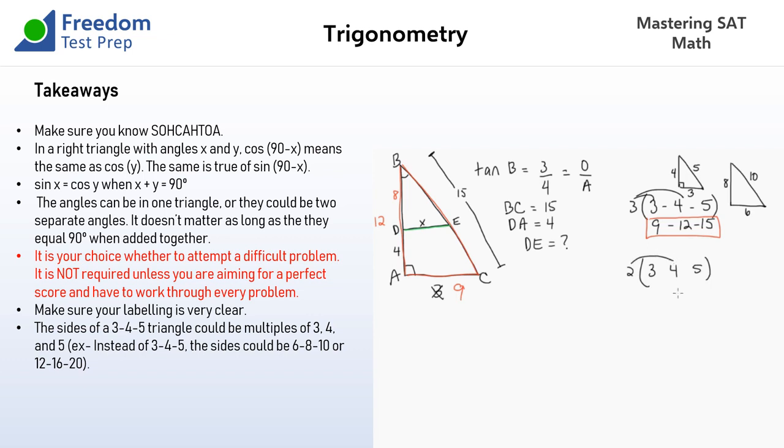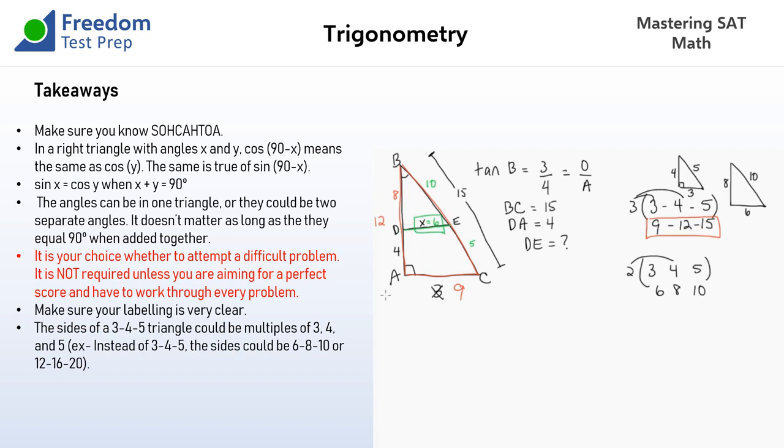Because 2 times 4 is 8, which means that 2 times 3 is 6, and 2 times 5 is 10. We've got that 6, 8, 10 triangle here. So it turns out that our x is 6, and this side is 10. Okay, and then this side is going to be 5. But what we want to know is this right here.